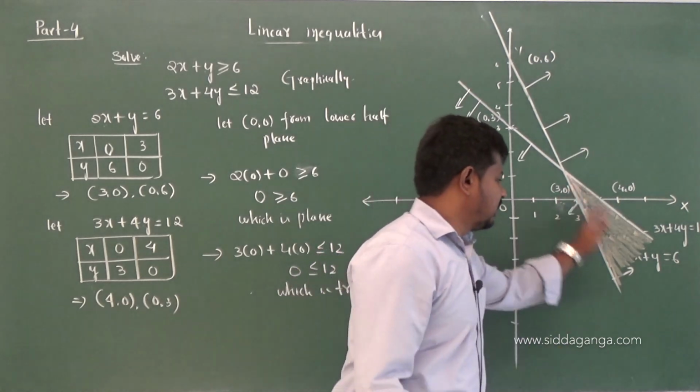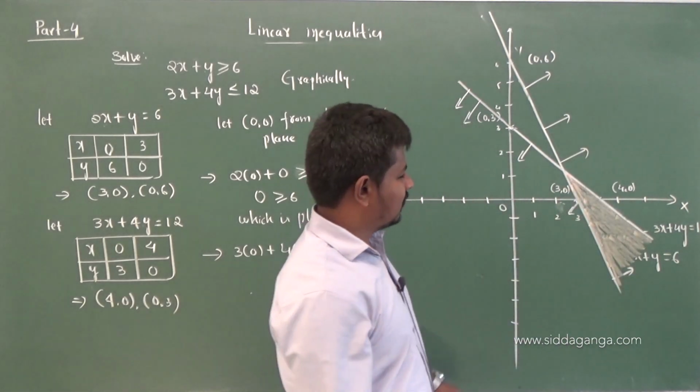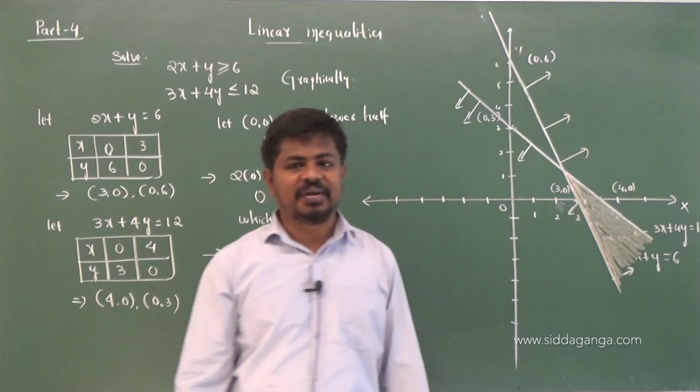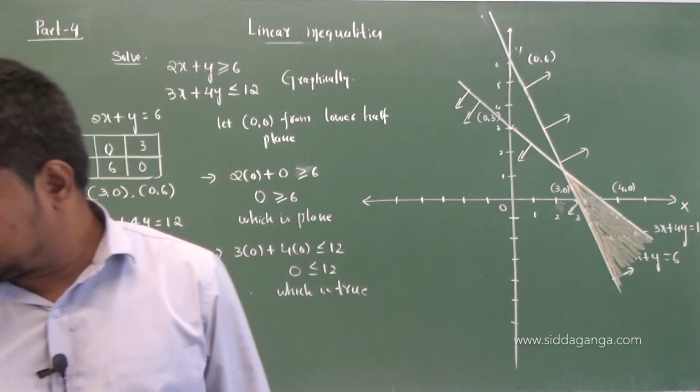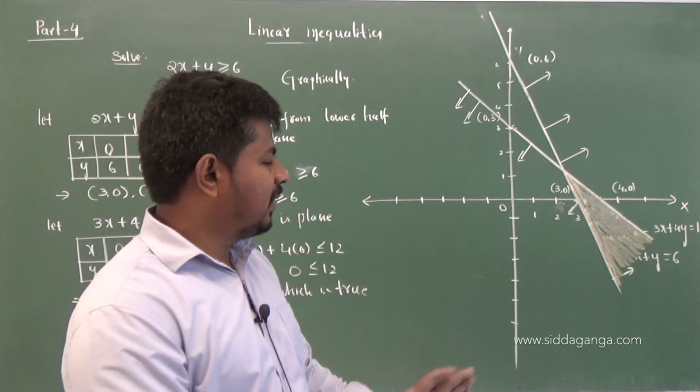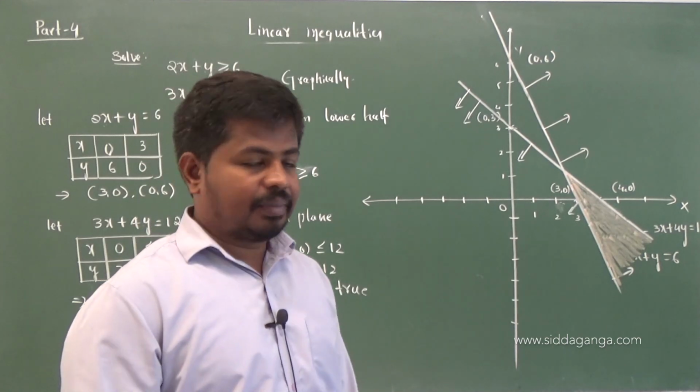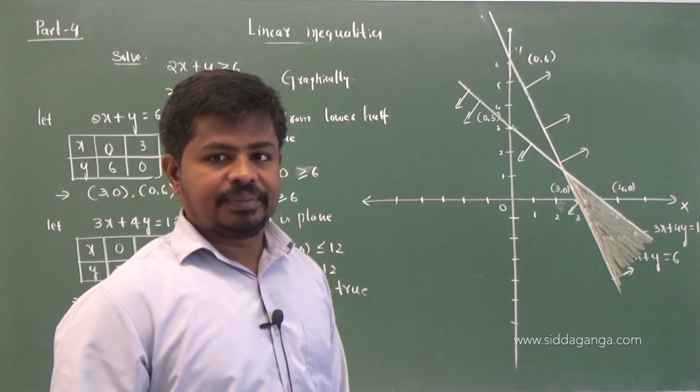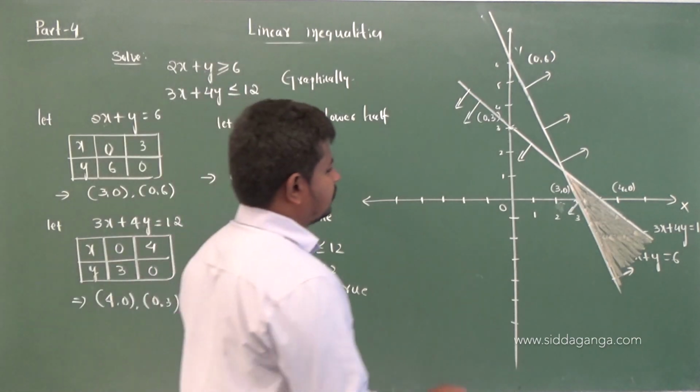Till what we have to shade, sir? Your convenience. This we call unbounded. Unbounded means it cannot be enclosed in a circle. That's enough. Mention this is the solution region.